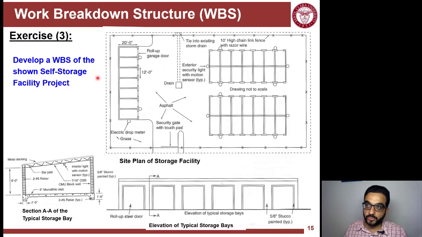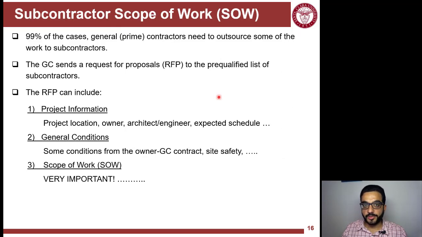And probably that will be a bigger WBS than the bridge exercise. So please study the information given and come to the synchronous class. We'll have a discussion on developing the WBS here.